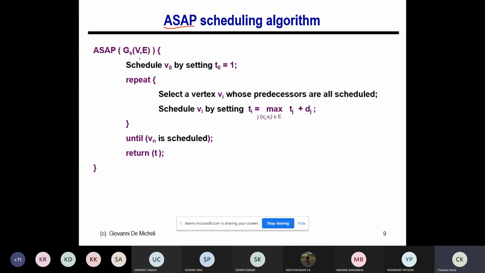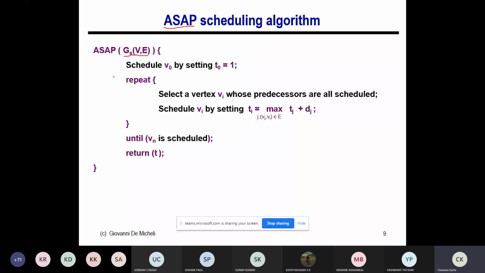In this graph, I have been given the sequence graph G(V, E), and your objective is to schedule the operations in the minimum time steps. I have to make sure I have done everything in minimum time. So what is the best way to do that?